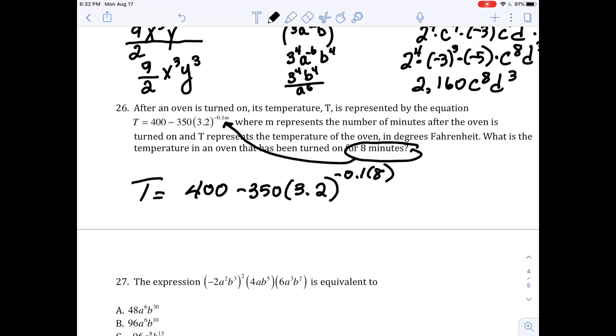All right, and so that would mean that we are taking that base and raising it. Okay, so clear my calculator. 3.2, and then we're raising it.